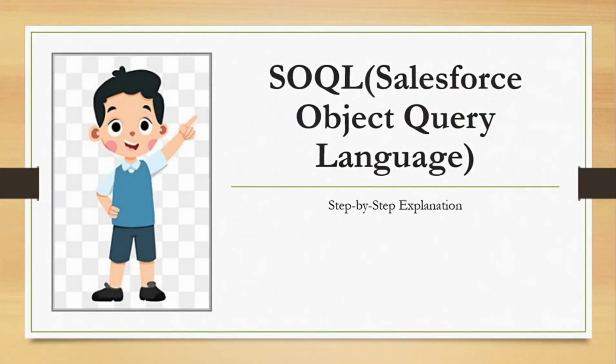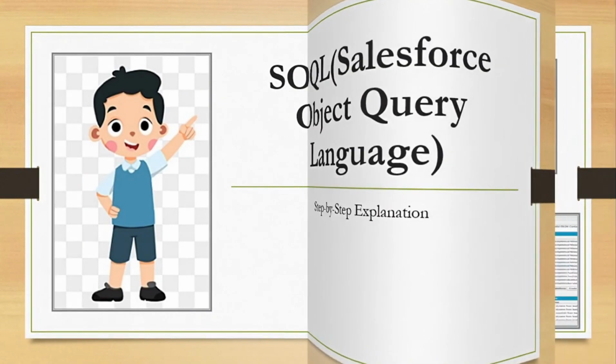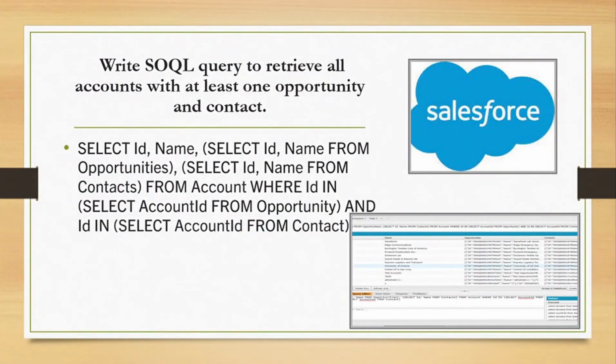So what is SOQL? It means Salesforce Object Query Language. Here the question asks: write a SOQL query to retrieve all accounts with at least one opportunity and contact. So here is the explanation.